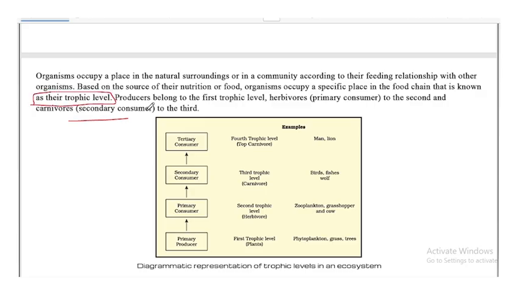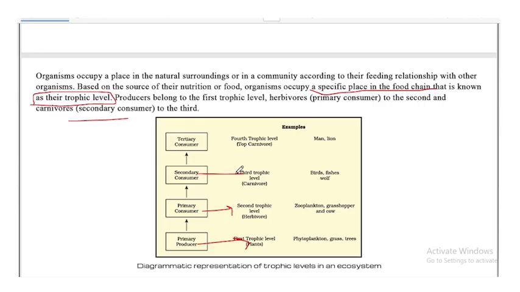Trophic level is nothing but, based on their nutrition or food, the organism occupies a specific place in the food chain, and that specific place is known as the trophic level. So primary producers occupy the first trophic level, and primary consumers occupy the second trophic level.